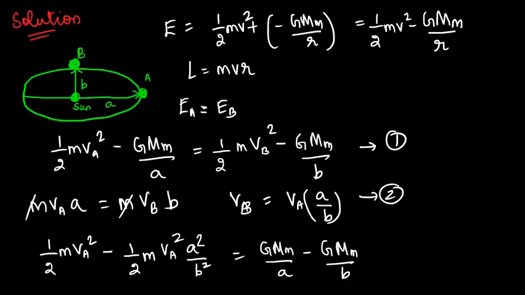So now I need to find the total energy. So I'm going to substitute in this equation. And instead of half m v square, I am going to substitute what we have got now.